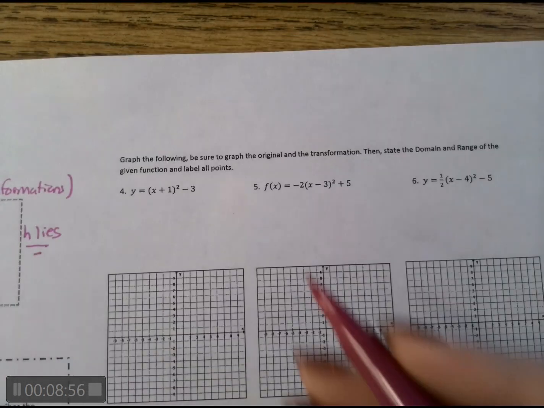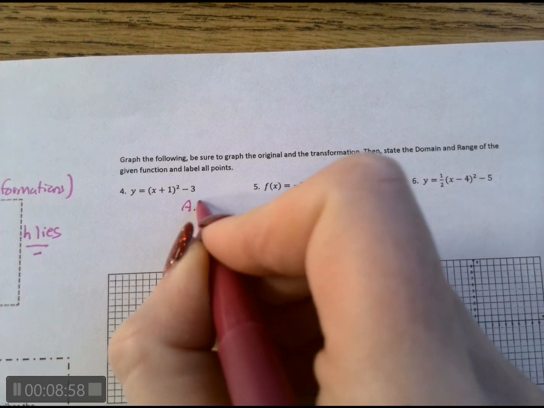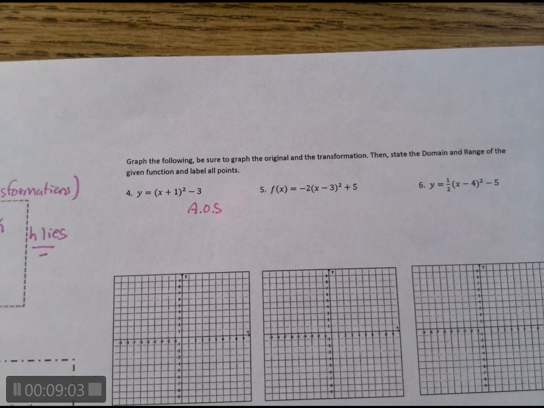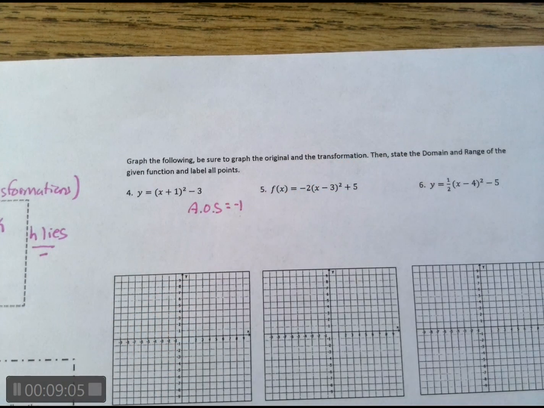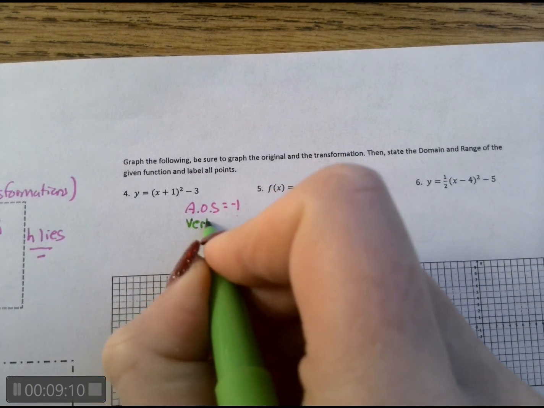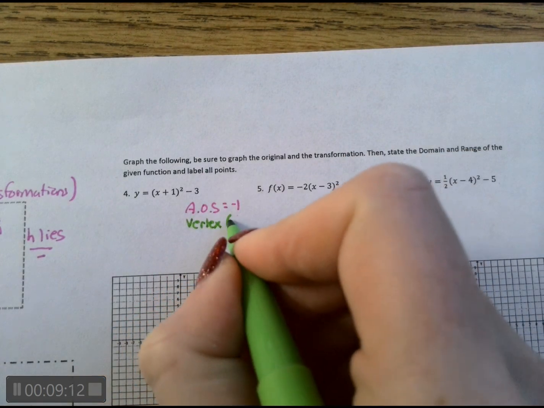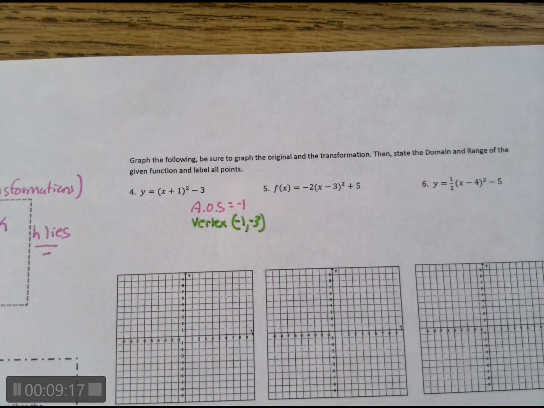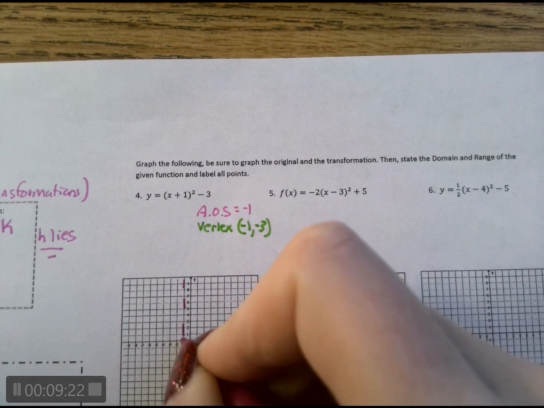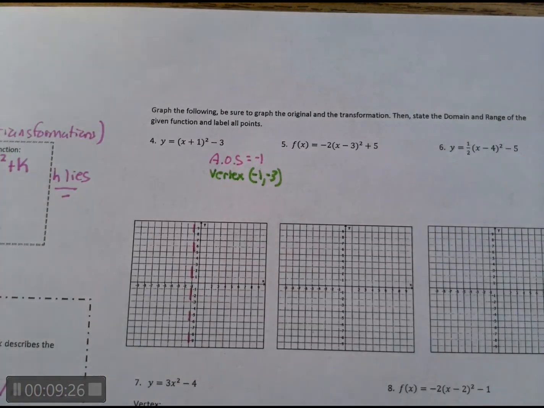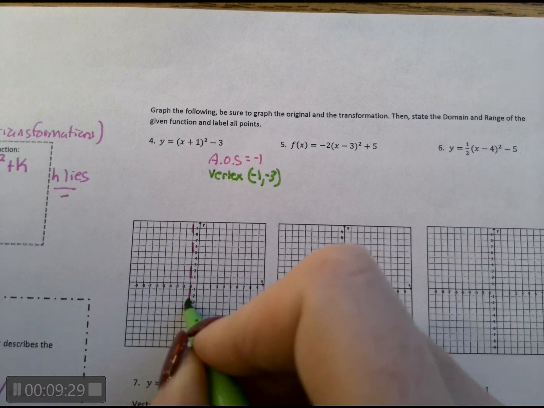For example, we can already determine our axis of symmetry, which is going to be our h value, which is going to be -1. And then we know our vertex is going to be -1, -3. So we can go ahead and graph our axis of symmetry and our vertex, -1, -3.